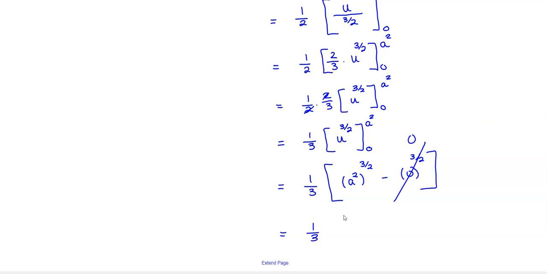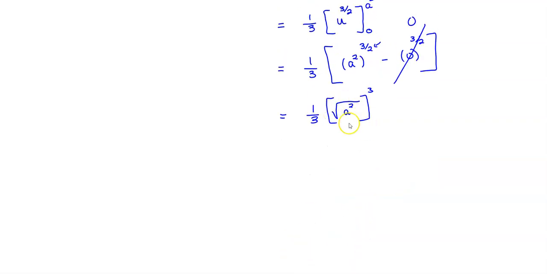So the fractional exponent has a 2 in the denominator. So that would be the square root of a squared raised to the power of 3, since that's the numerator. And what do we know about the square root of a squared? Well, the square root of a squared is a. So we have 1/3 a to the 3rd power, and therefore there is our result.